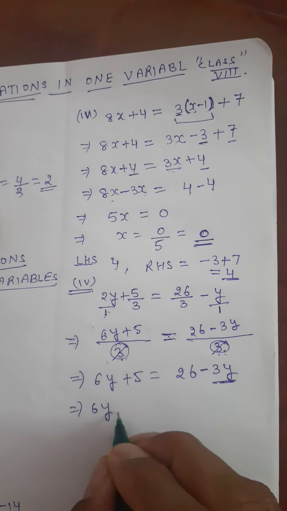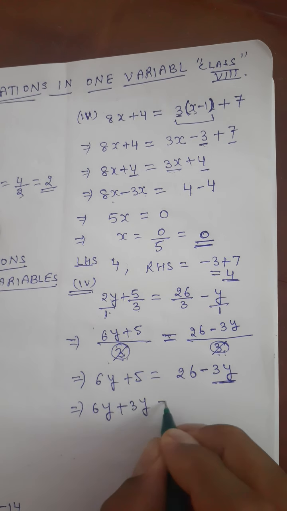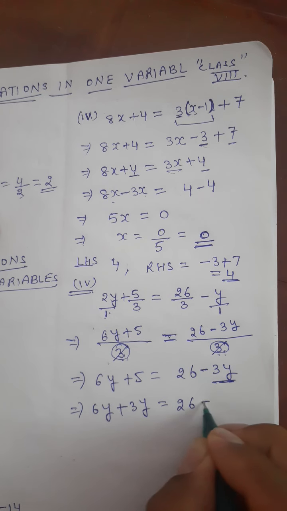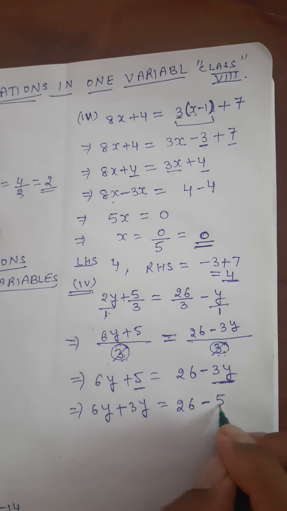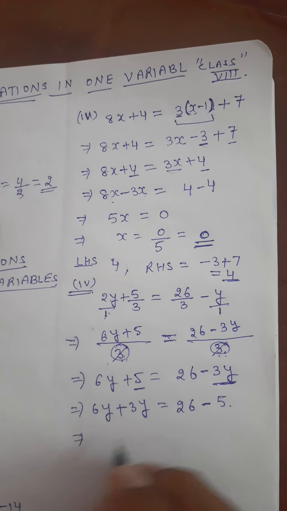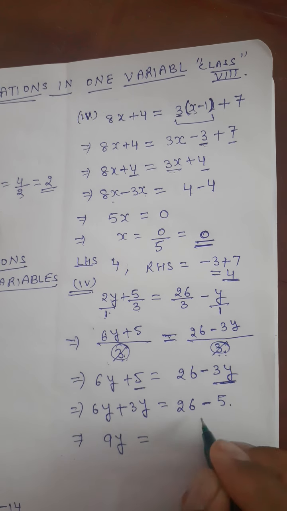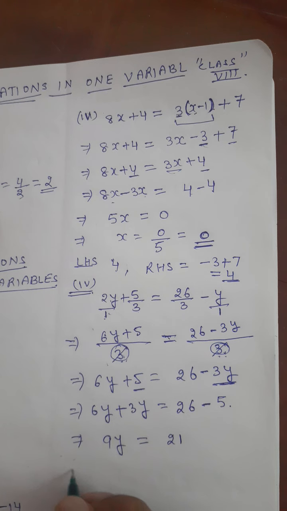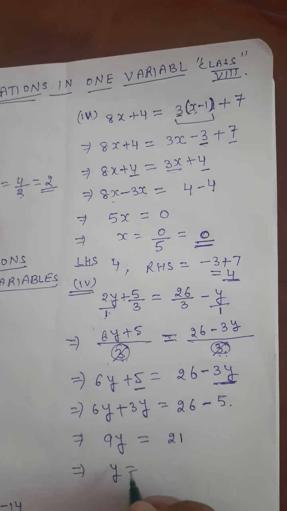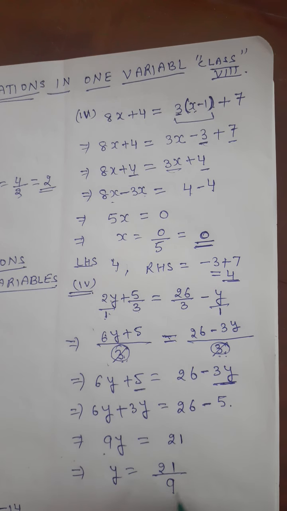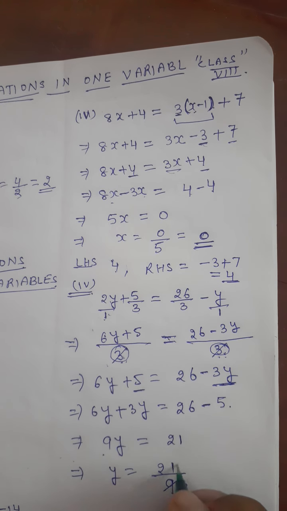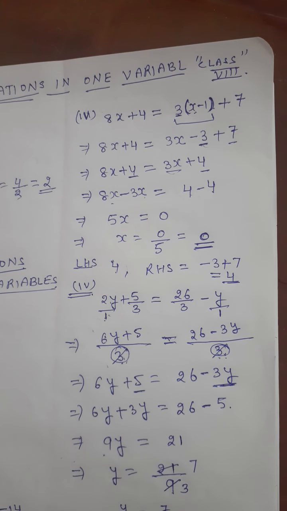So this minus 3y becomes plus 3y here. 26 minus 5, so this 5 comes here. And it is 9y equal to 21. So what is your y? Because it is in multiplication, it becomes division on this side. So this is 3, this is 7. So your y is 7 by 3.